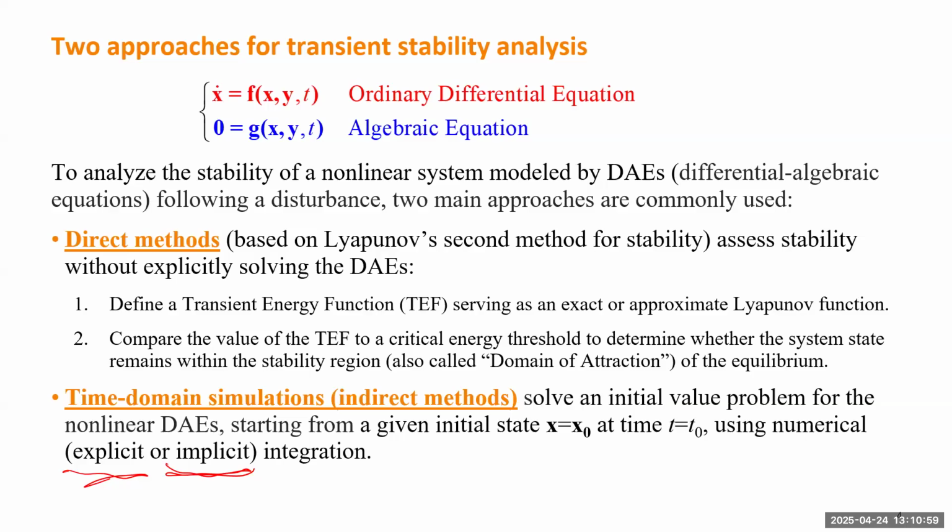But if you have numerical instability, your time step needs to be small enough, otherwise the simulation result can be unstable, although the original system is stable. Okay, that's a very brief summary of what we learned.